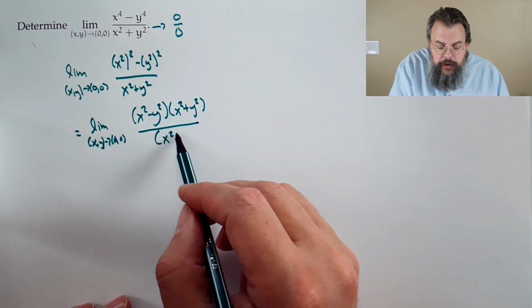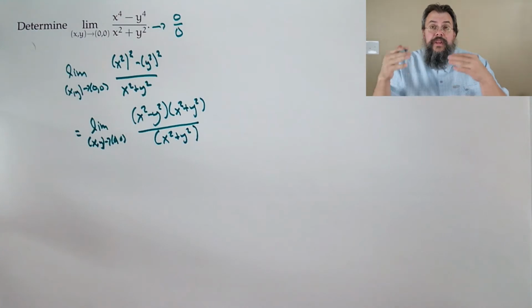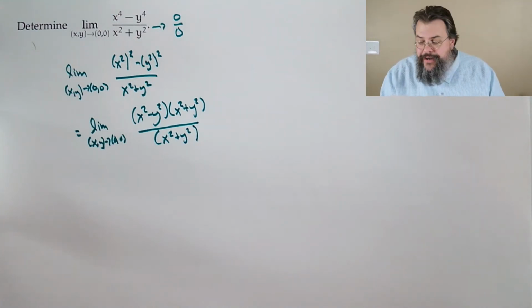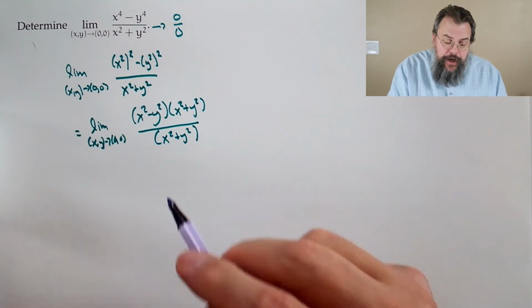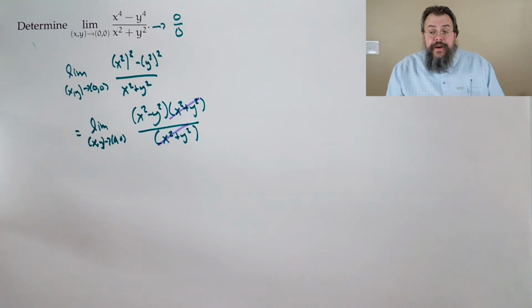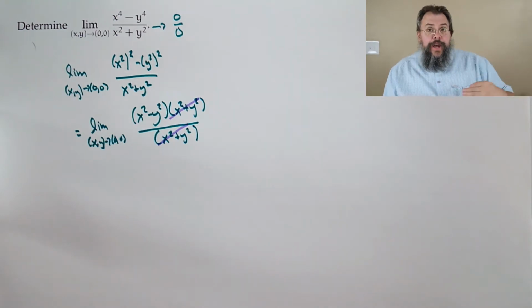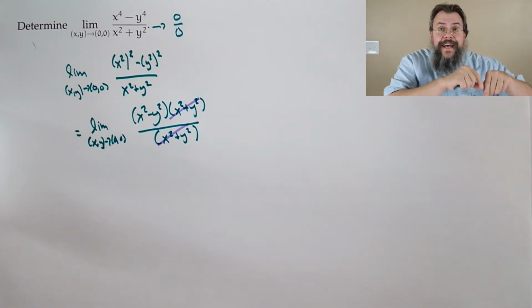All right. Well, why is that good? Well, what do you see? You see an x squared plus y squared in the numerator. You see an x squared plus y squared in the denominator. And we say, perfect. They cancel. Because when we are away from 0, 0, which is what we're doing when we're talking about a limit as we go to 0, 0, we're never at 0, 0.